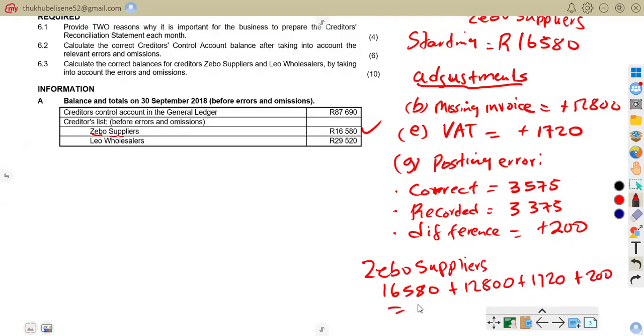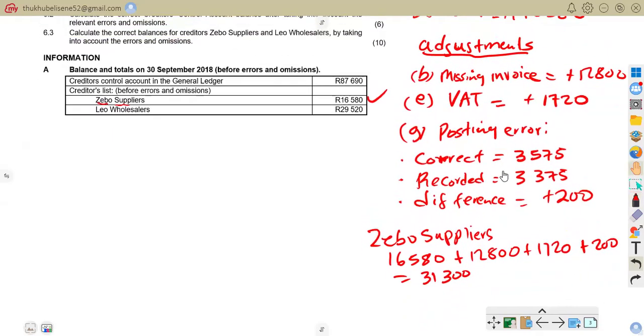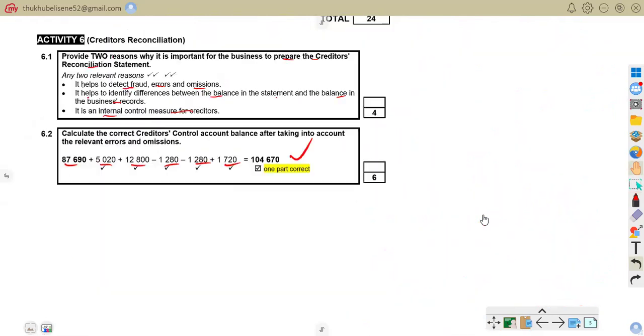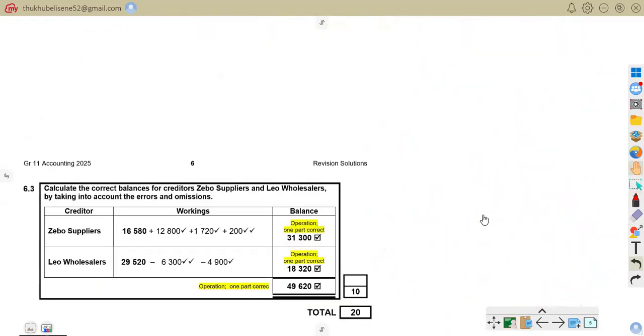Then we get the total of 31,300. So that is that for Zebo suppliers. Hope we get it. So you can see when you come to the given answers, here it is, whereby we have this starting balance, and then all of them give us this total balance.